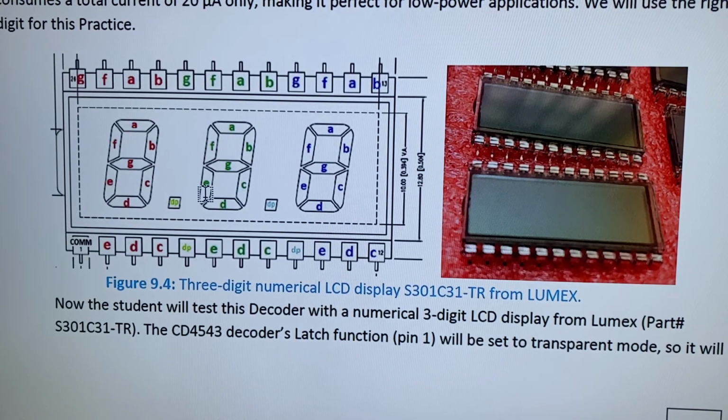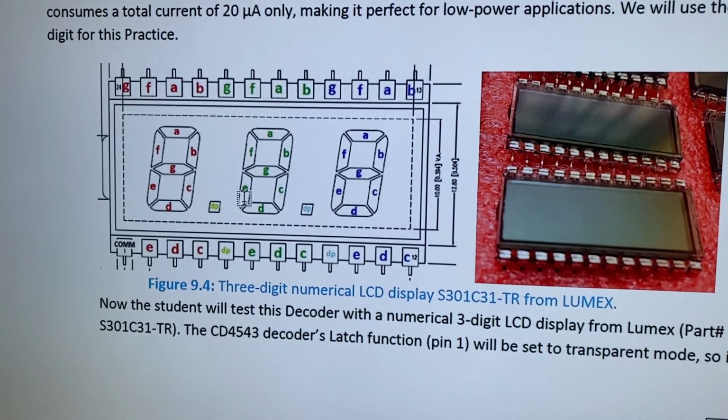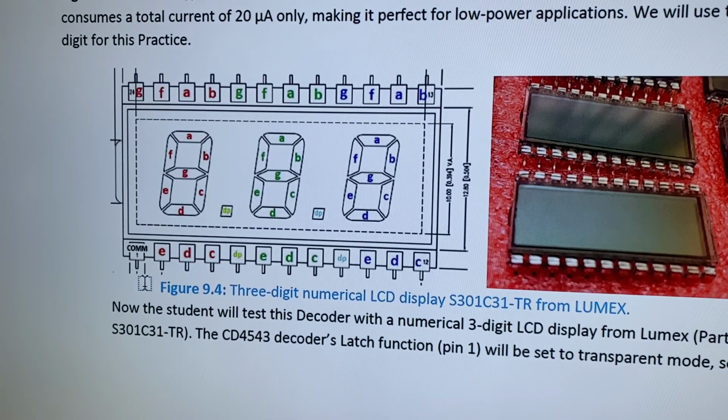In the electronic schematic, we can see that the common pin, sometimes called the backplane or common, is pin 1. And for example, the least significant digit, or LSD, its connections are here: A, B, C, D, E, F, and G for this LSD.